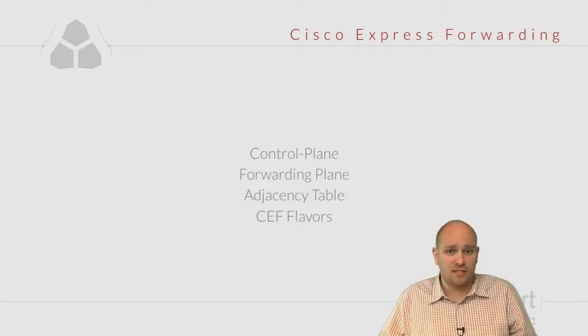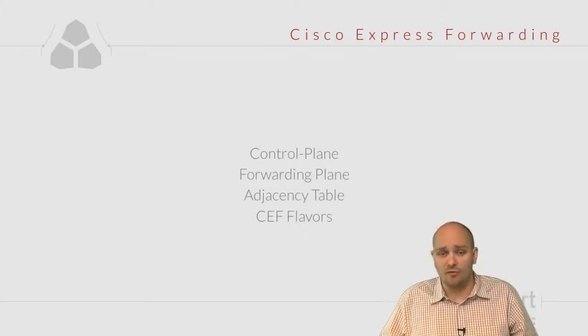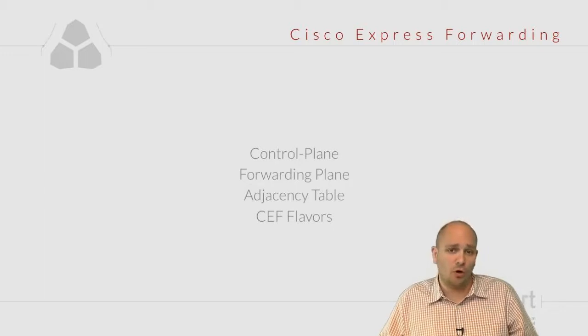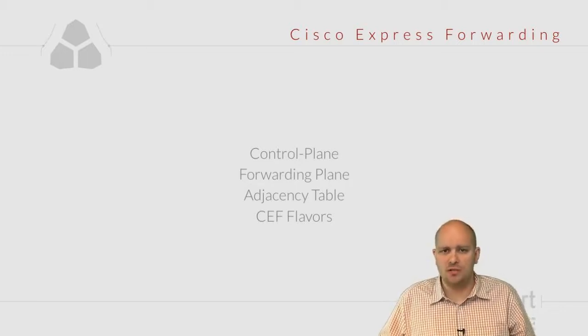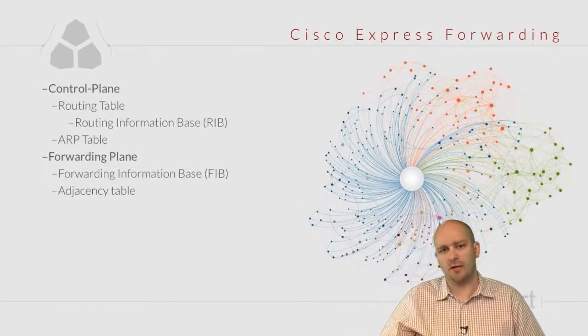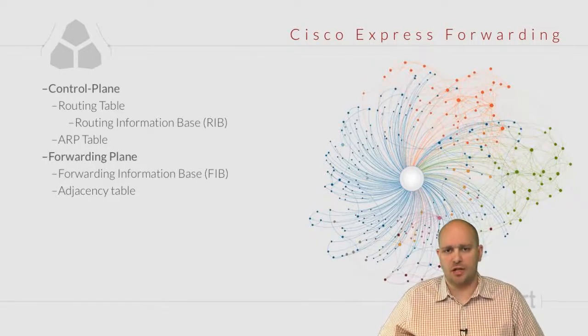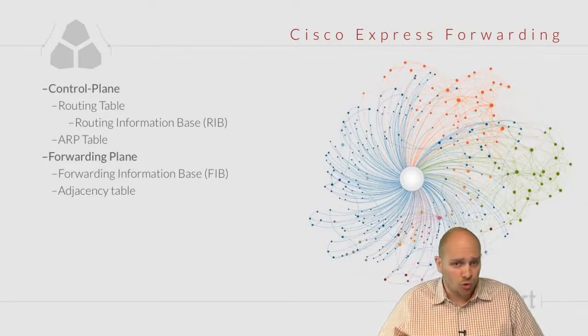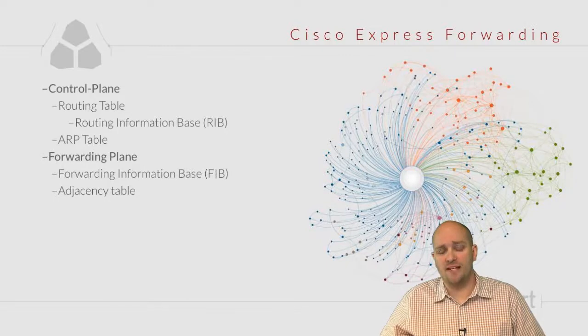And then all this comes in different flavors, implemented differently on different devices. So these are the things that we are going to talk about next. One of the most important concepts when we are trying to understand Cisco Express Forwarding is the separation it creates between the control plane on the device and the forwarding plane on the device.